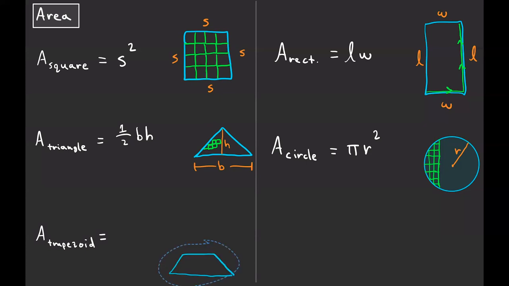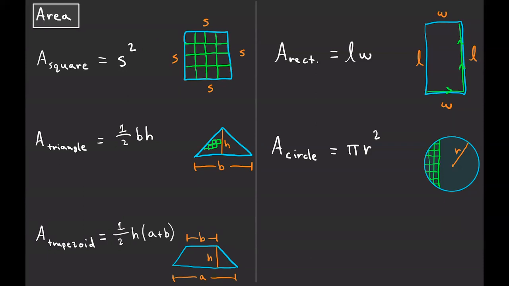And when we actually label these, we tend to label them A and B. And then you'll notice here that the height is just always H. So that height right there we'll call H. Sometimes you'll see instead of A and B, they'll use B1 and B2. I like to use A and B. I think it's a little bit easier to write down. So our formula here is going to be 1/2 multiplied by H multiplied by A plus B. And that's going to be the area of our trapezoid there.